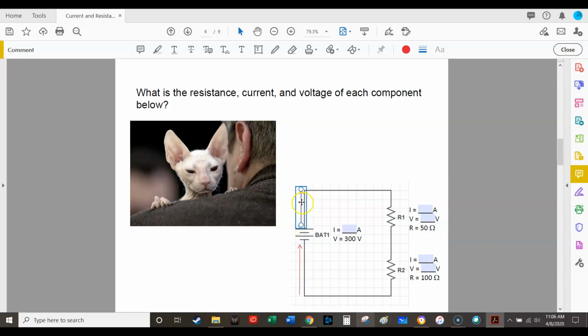And now I'm going to just track this current over every component. You may not have to do this, but I like to do it just to practice. So you have that red current that's going across the top wire. This same current is going to flow down through R1, and R2 is going to get the same amount of current.